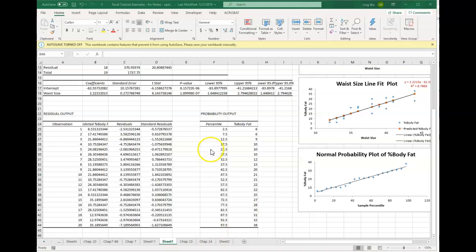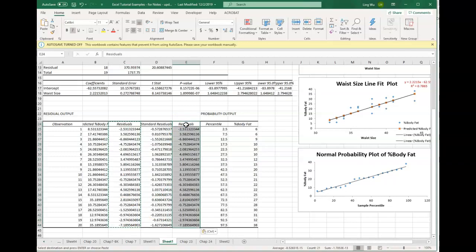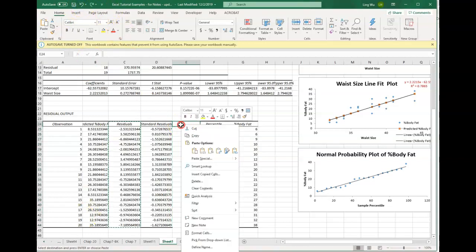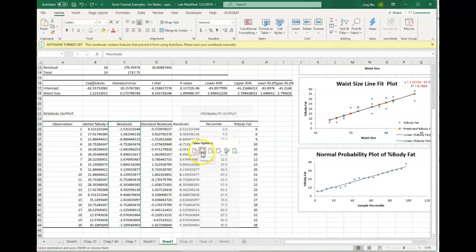There's an easy way to do the residual normal probability plot since we have this output report. We copy this residual column with Control C, and then paste it with the second option, the one with 1, 2, 3, which copies the values only.